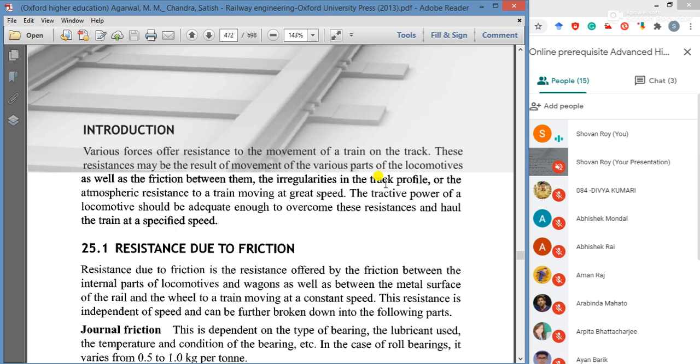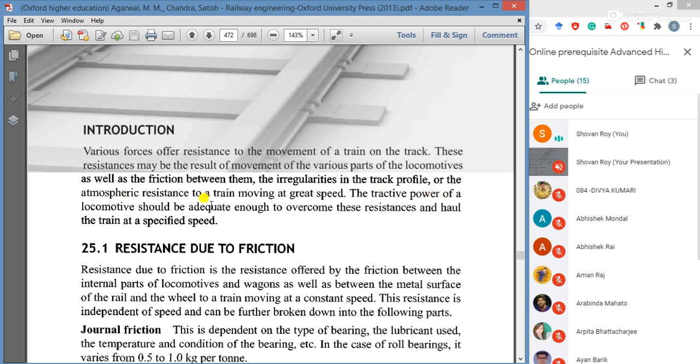Rail track is our part, civil engineering, and the train is the mechanical part. Mechanical engineers normally handle the train part, and these resistances will come from the various parts of the locomotives or wagons, as well as the friction between them and the irregularities in the track profile, or the atmospheric resistance.